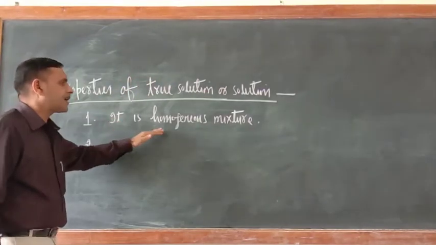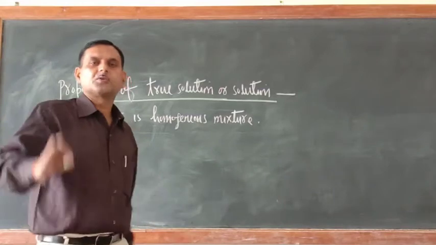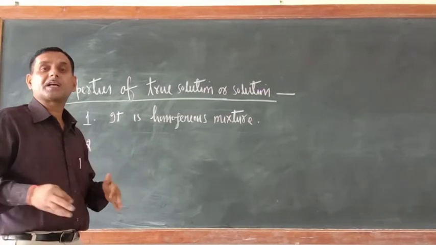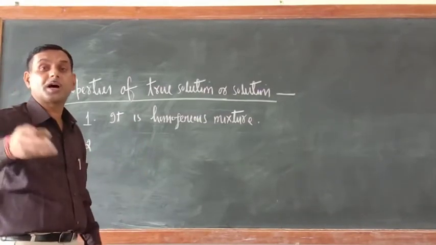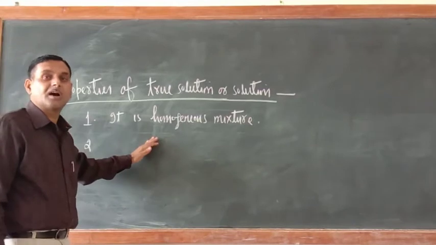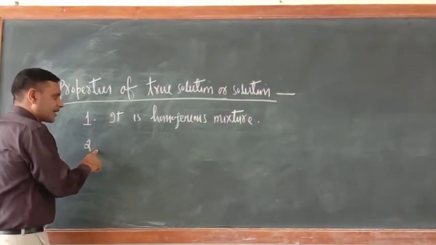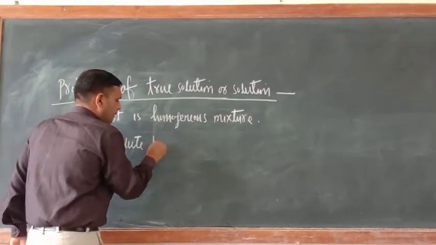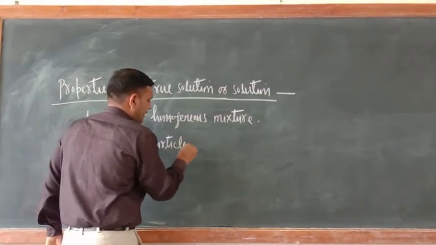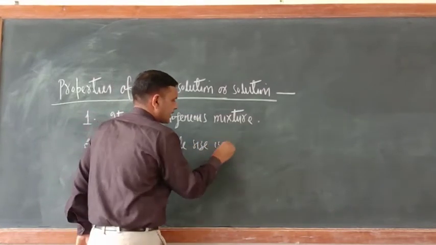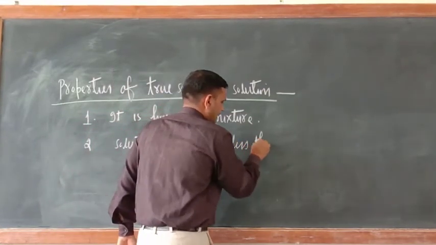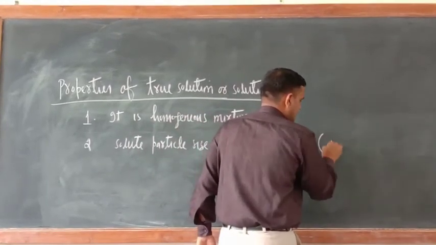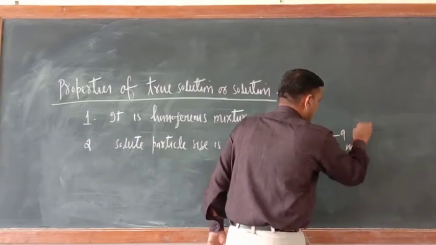What are the properties of true solution? The number one property: it is a homogeneous mixture. Why is it called a homogeneous mixture? Because solute and solvent particles are equally distributed throughout the available volume. What is the second one? Solute particle size is less than 1 nanometer or less than 10 raised to the power minus 9 meter.